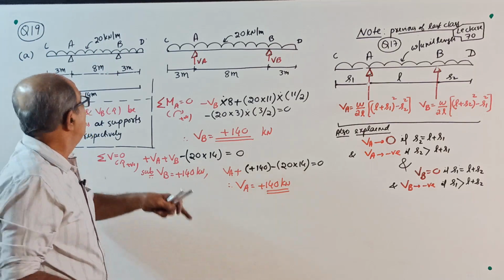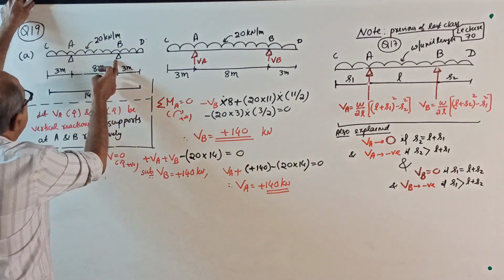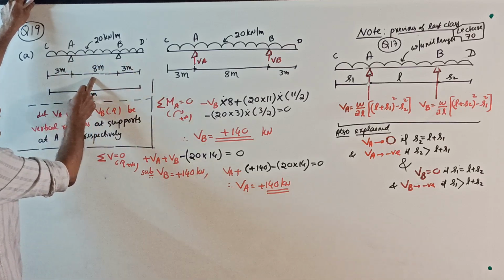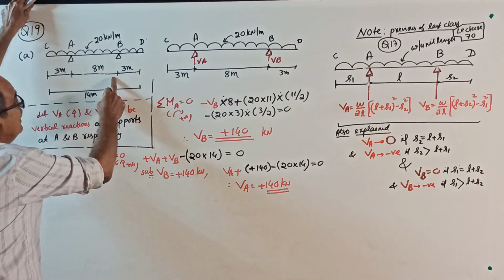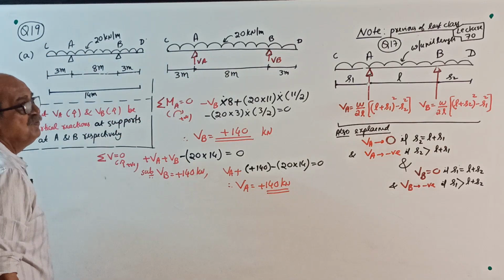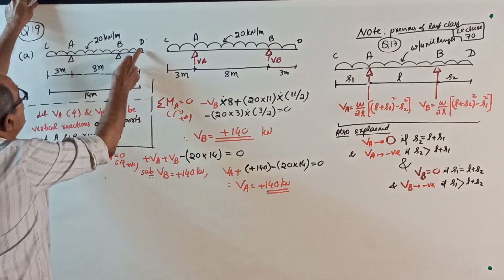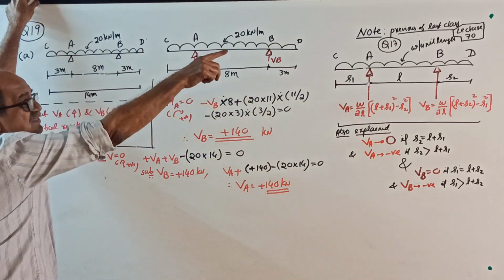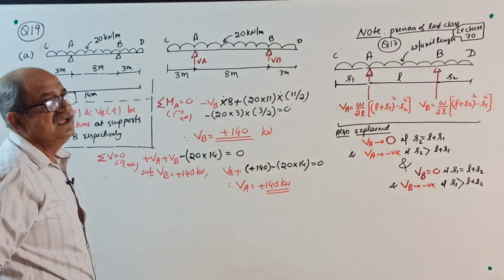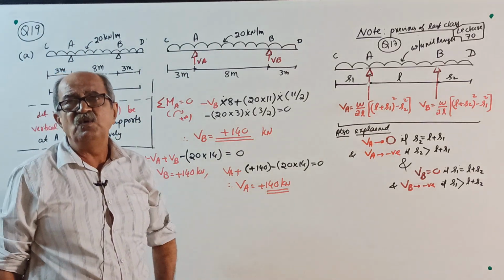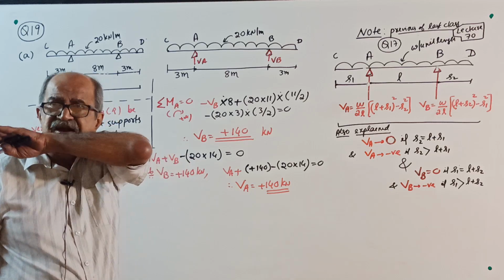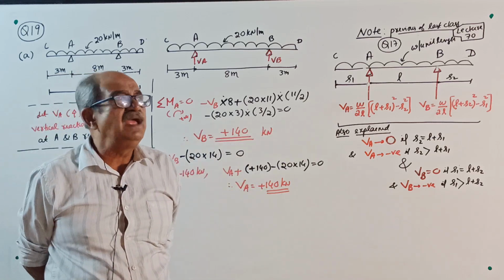Or a beam is supported between two simple supports for a span of 8 meter and either side overhang of 3 meter, and then loaded by a UDL of 20 kN per meter over the entire length. Find the support reactions. Our discussion right now is for UDL over the entire length for overhanging beams.